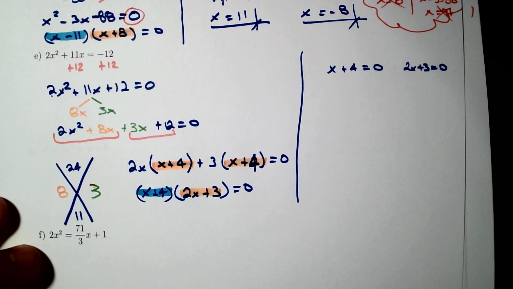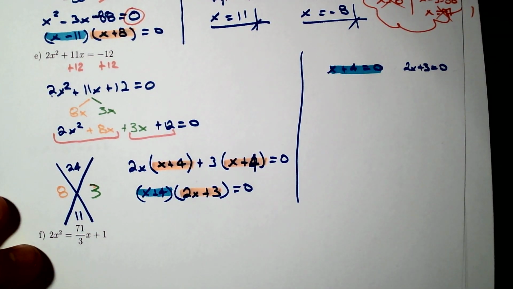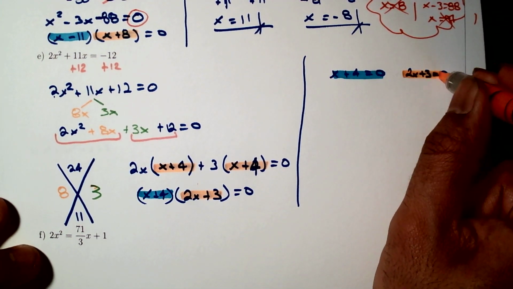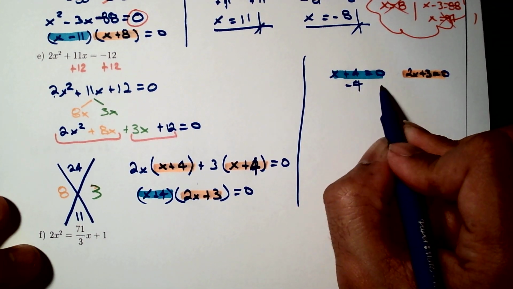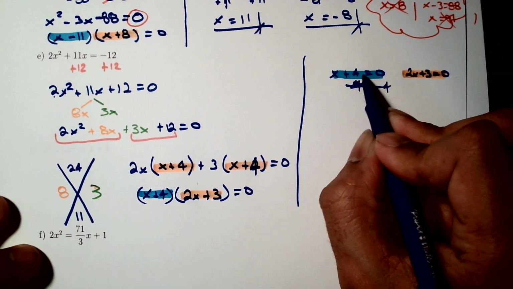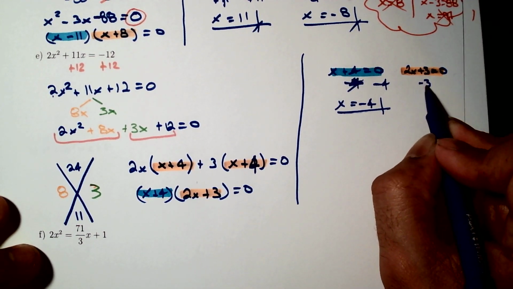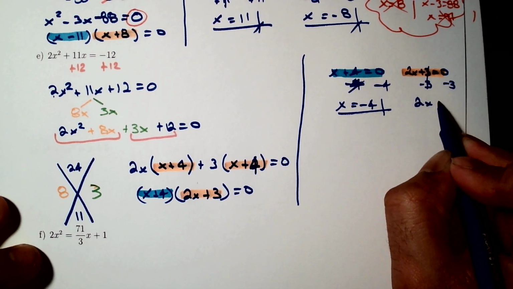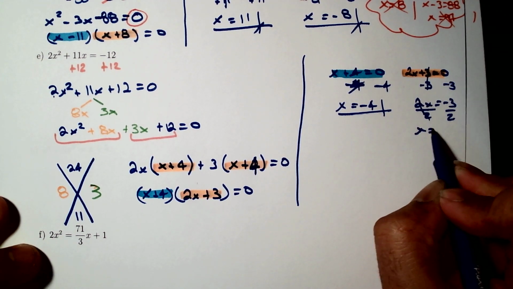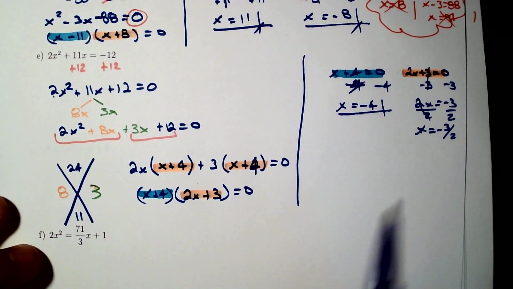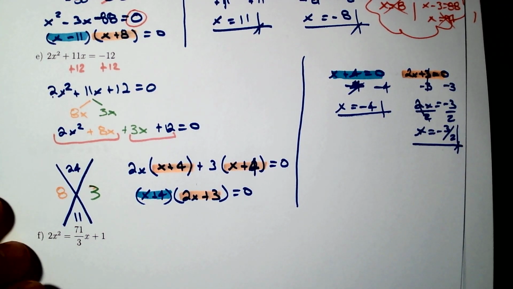And again, let me highlight what I have here so you don't get lost on what I'm doing. So subtract 4 from both sides. That's all we need to do here to cancel. So x equals negative 4. And subtract 3: 2x equals negative 3, and divide both sides by 2. x equals negative 3 halves. All right. And those are the two solutions.